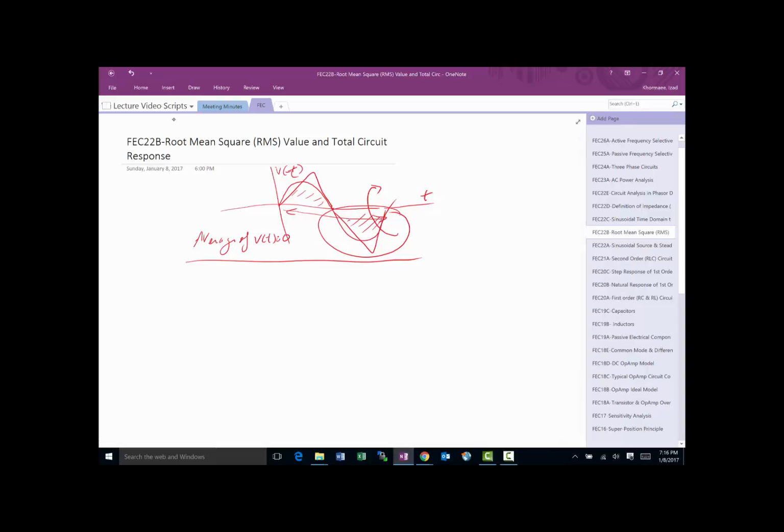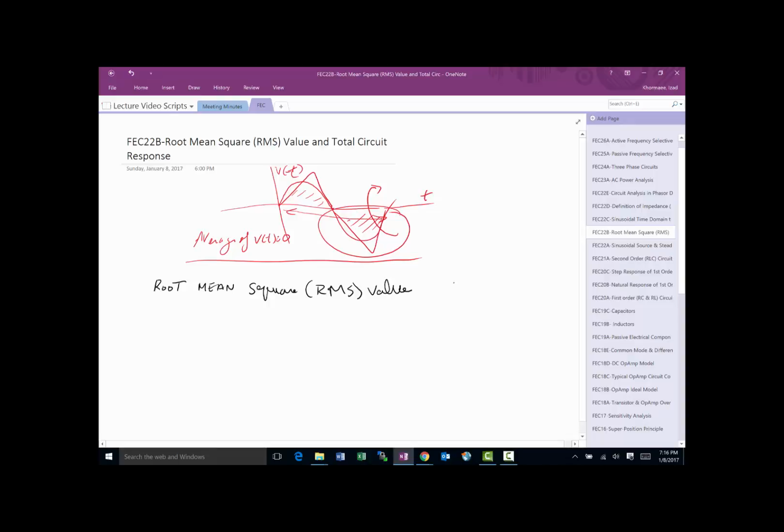If you wanted to convey how much electricity or voltage or current is being delivered, we use something called root mean square value, or usually RMS.